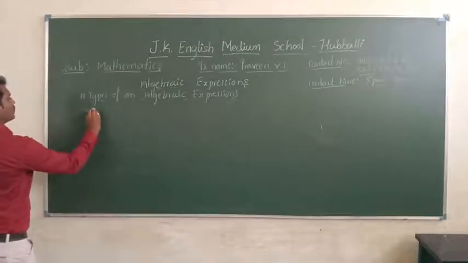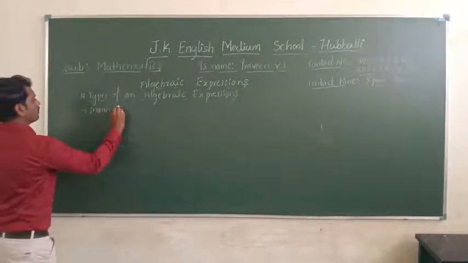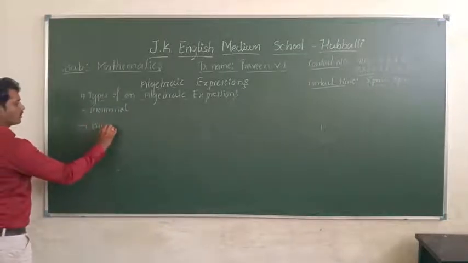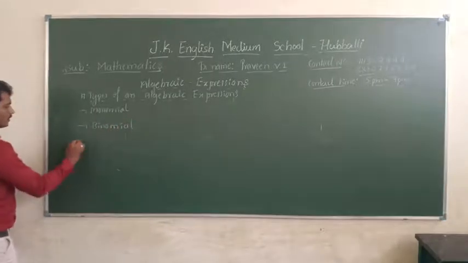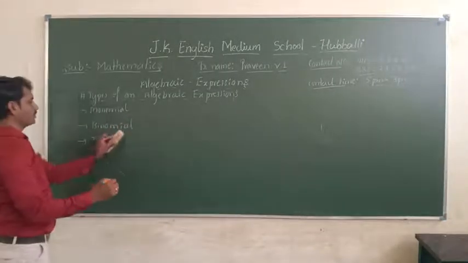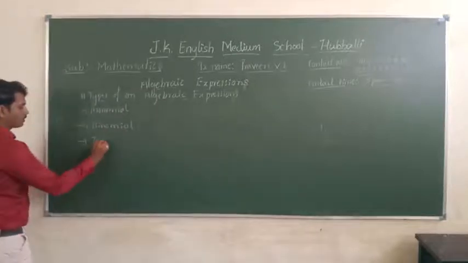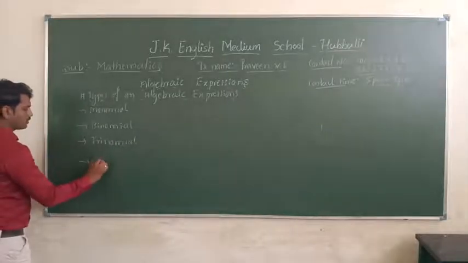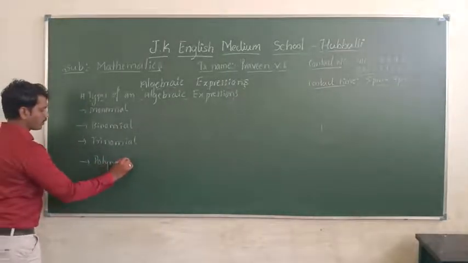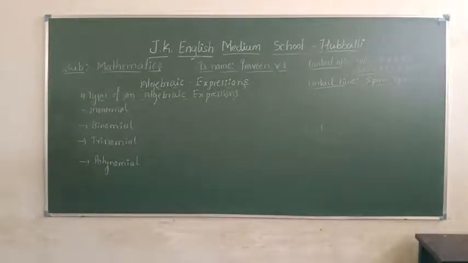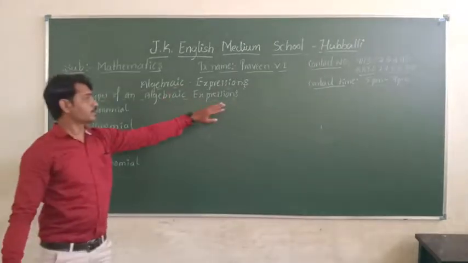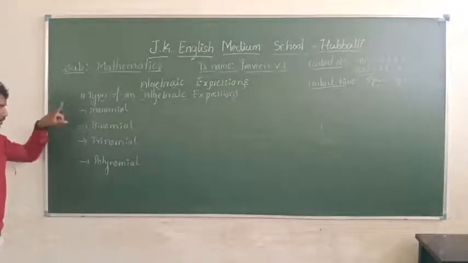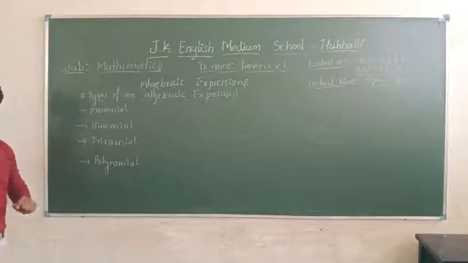The first one is monomial, the second one is binomial, the third one is trinomial, and the last one is polynomial. These are the types of algebraic expressions. The first one monomial, second one binomial, third one trinomial, and finally polynomial.